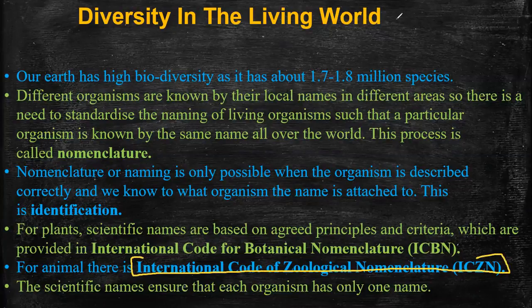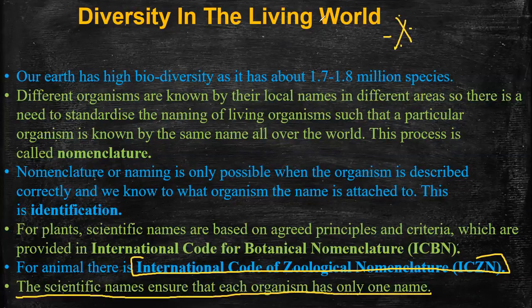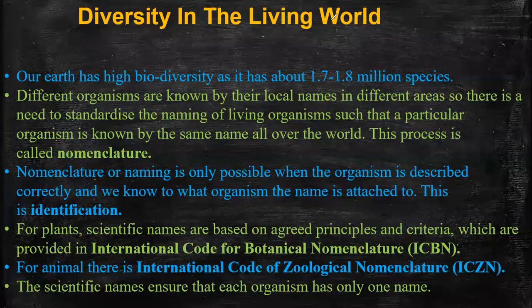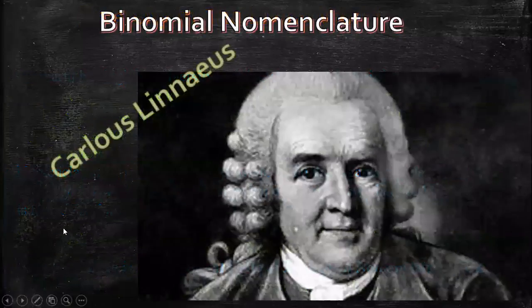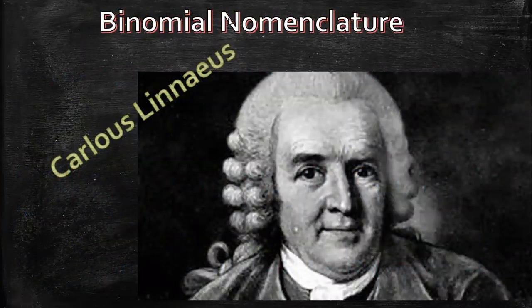All these abbreviations are very, very important for NEET as well as for your board examinations. Scientific names ensure that each organism has only one name throughout the world. Binomial nomenclature was proposed by Carl Linnaeus.